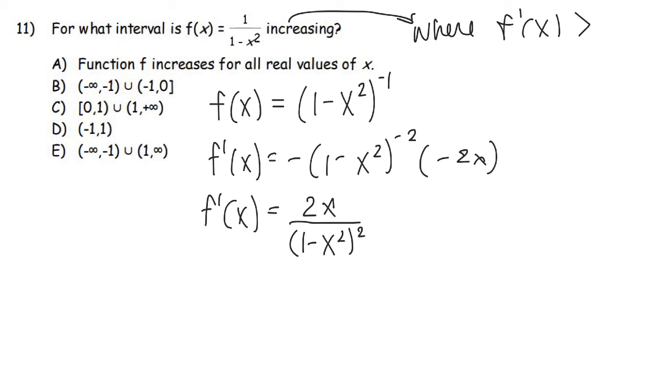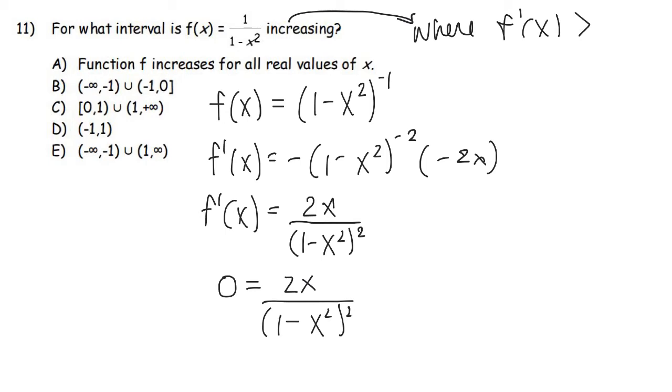That is so strange. Thinking about the graph of that, we're not going to know what the graph is just off the top of our heads for this. But we still need to set this equal to 0. I have 2x over 1 minus x squared, all squared.